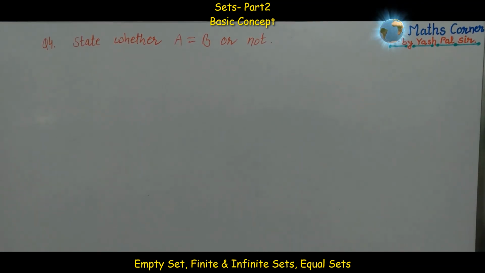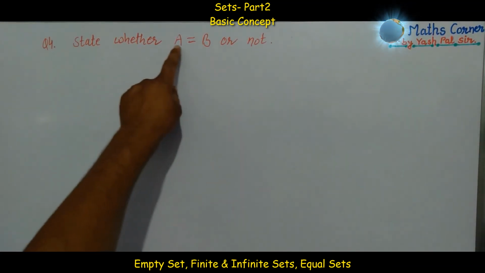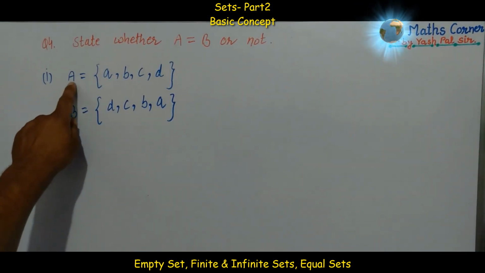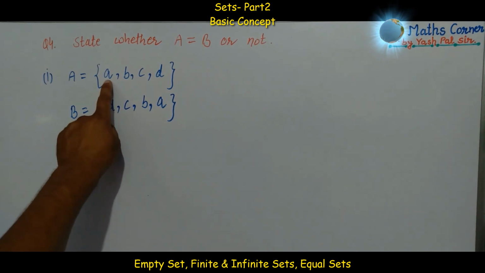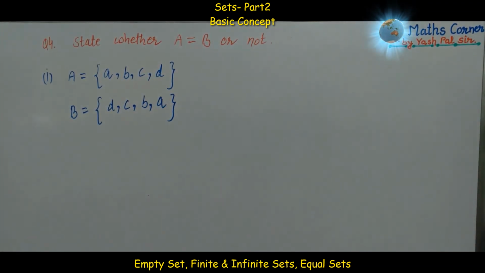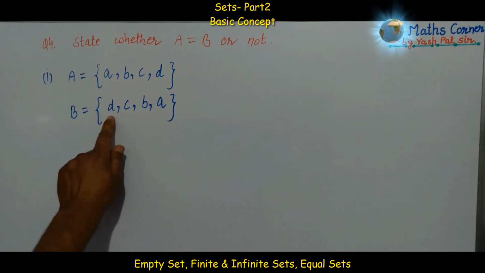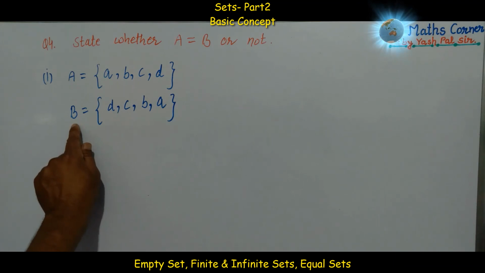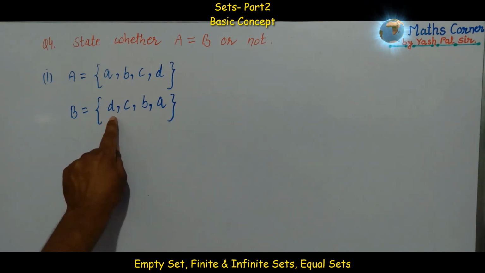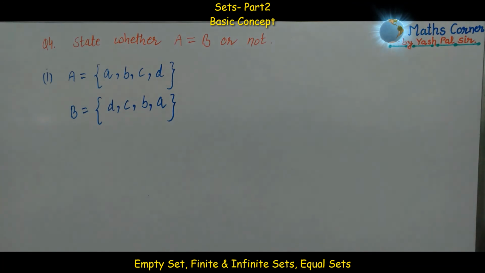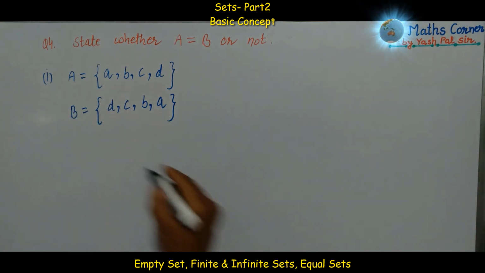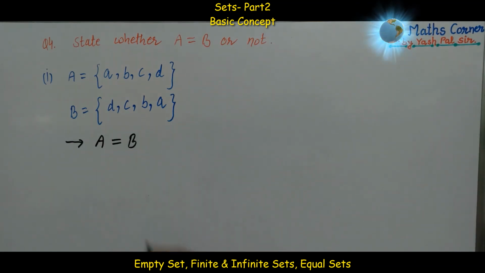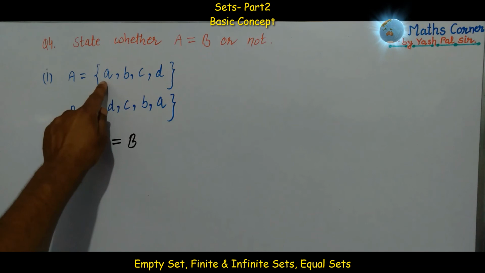Next is question number 4. State whether set A is equal to set B or not. The first part: set A has the elements a, b, c, d, whereas B has the elements d, c, b, a. All the elements of set A are also elements of set B, and all the elements of set B are also elements of set A. It means set A is equal to set B. Here we see that order does not matter.